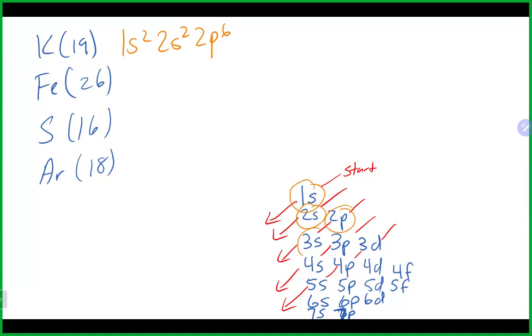We then go to a 3s2. If I'm not sure, I could count the top numbers as 2, 4, 10, 12 electrons. So I need to keep going. After that, we zigzag back to 3p, which could hold 6, and that is 18 electrons, pretty close. That means I need to go one more. Remember, it is the 4 that comes next, so that's going to be a 4s1 in this case.